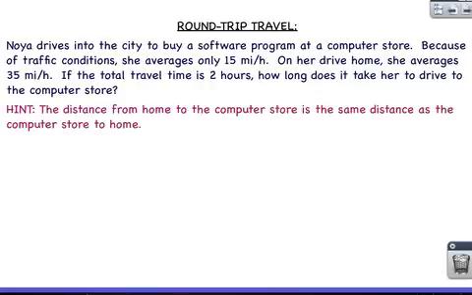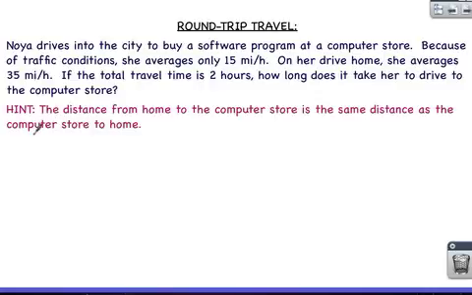On her drive home, she averages 35 miles per hour. If the total travel time is 2 hours, how long does it take her to drive to the computer store? Hint: the distance from home to the computer store is the same distance as the computer store to home.